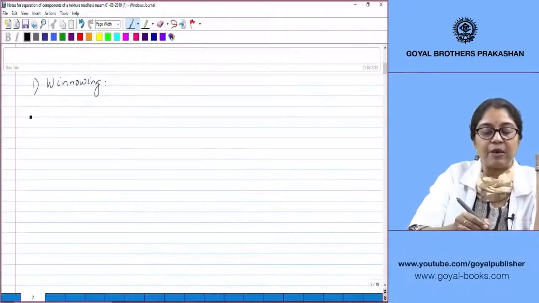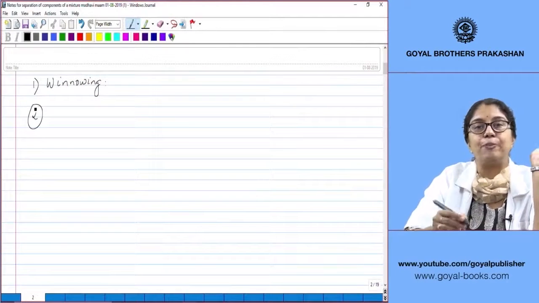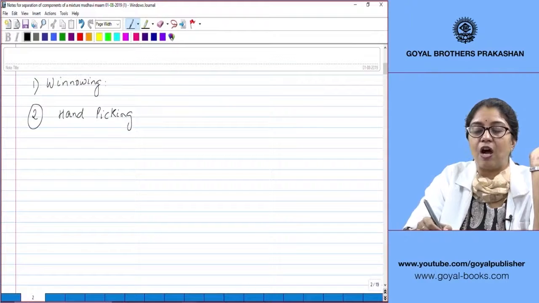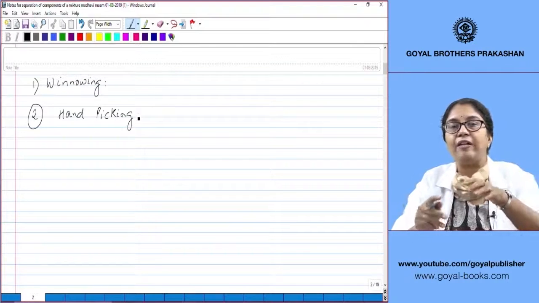The next method which we have for separation is hand picking. This you must have come across in your household. When you buy groceries, that is rice, or some pulses, some dals, you must have seen your mother or somebody at home trying to pick out some stones or unwanted material or any pulse which is not in good condition.